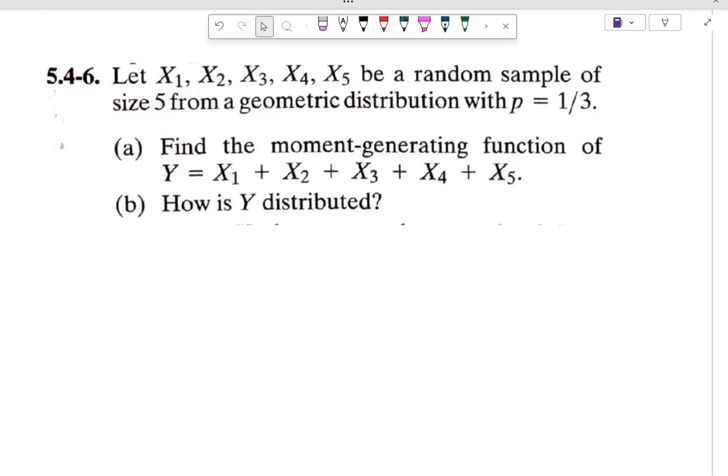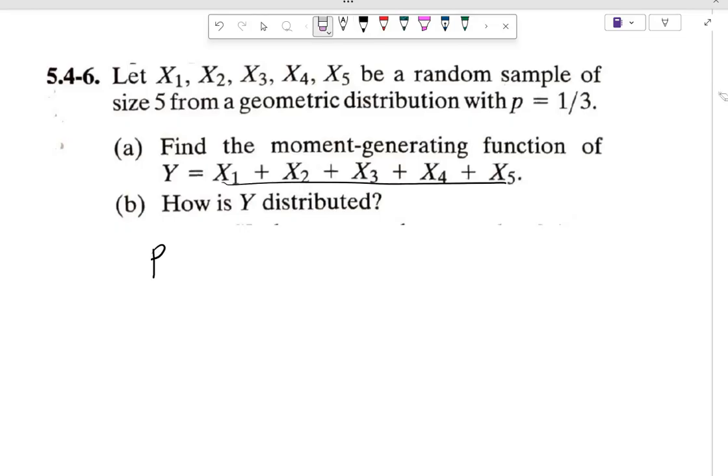We've got a random sample taken from a geometric distribution with p equal to 1/3. The first problem asks for the moment generating function, right? I'm going to write this out longhand, but the idea here is to recognize what's going on with the moment generating function in terms of the sum.